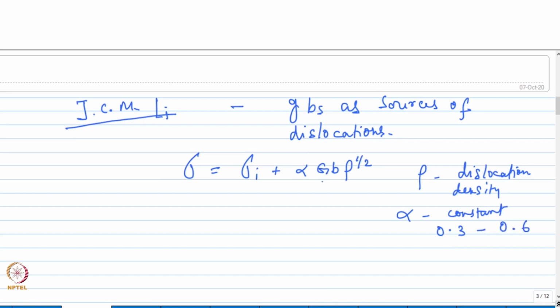Other terms we have already defined before. G is the shear modulus and b is the Burgers vector.